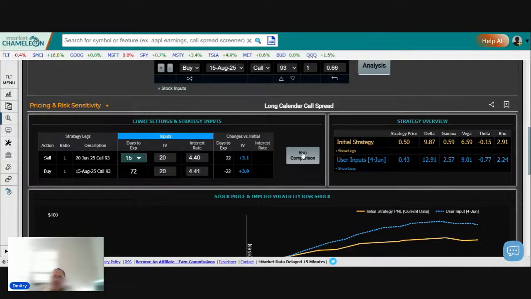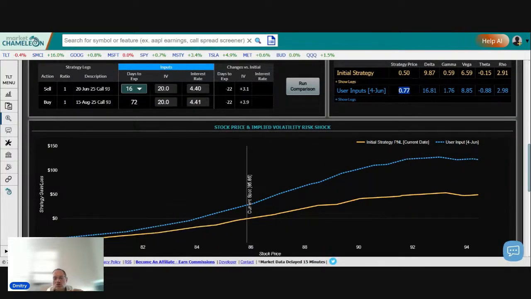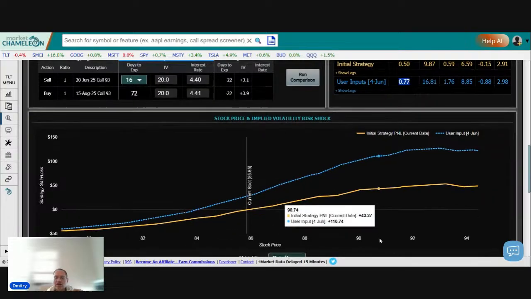Let's run that analysis. So now we see a different story. We're long vega. Remember, we're long vega originally. So now this strategy went from 50 cents to 77 cents. So you could see across the board, look at that blue line, right? That offset the decay.